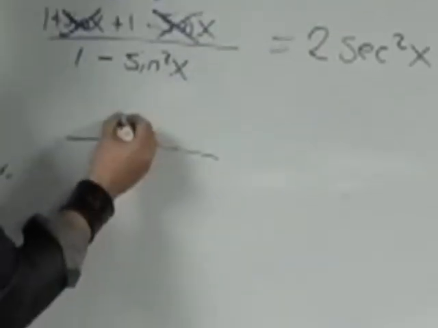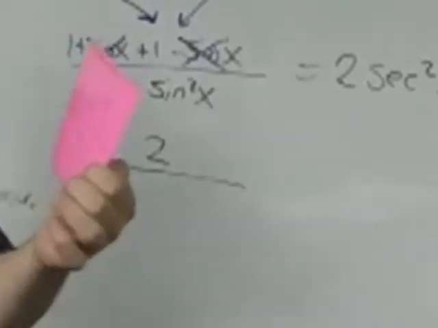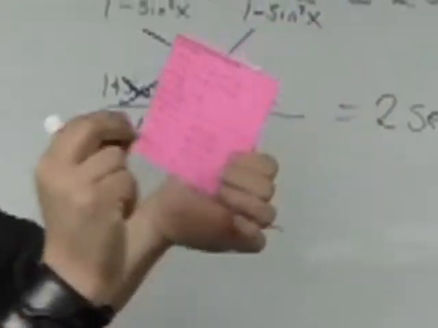The top becomes 2. And the bottom, while I'm at it, I don't need to take 2 steps to do this. The top just becomes 2. The bottom is 1 minus sine squared x. If I use my sheet, there is no identity on here that says 1 minus sine squared x. But what I do have is sine squared x plus cosine squared x equals 1. I'll just do it right here real small and show you.